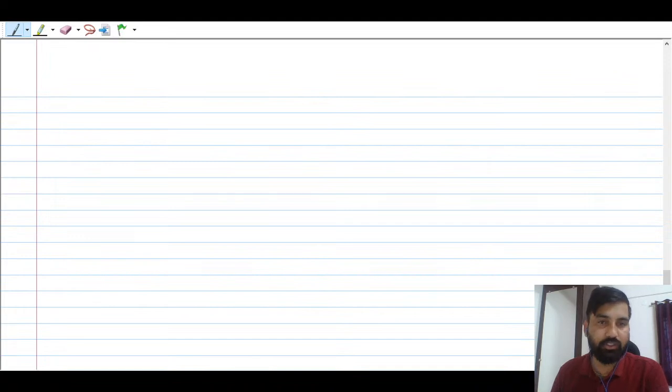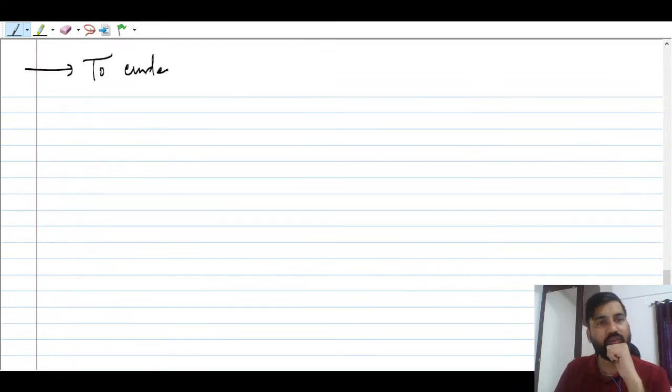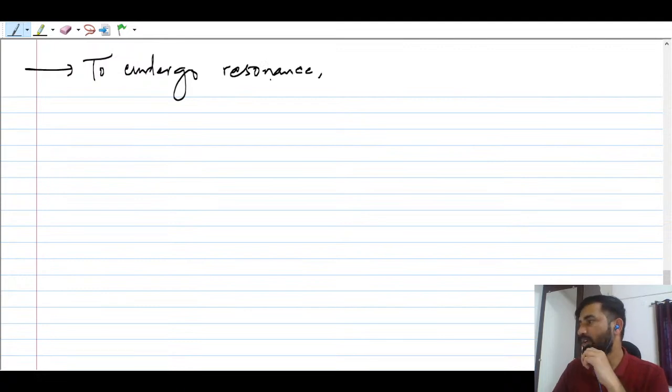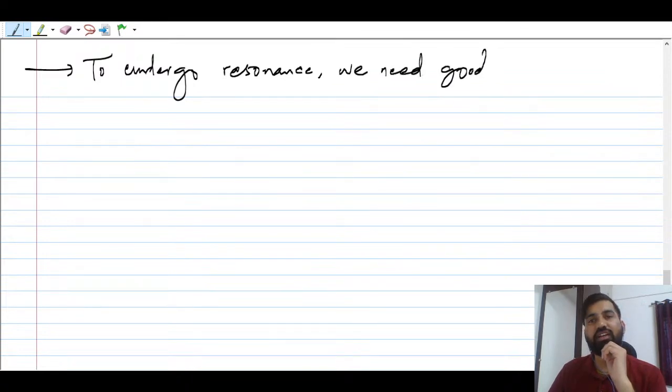And if you want to have the resonance in the circuit, you need to connect a good inductor as well as a good capacitor. That is also very important. To undergo resonance, we need a good inductor and a good capacitor.